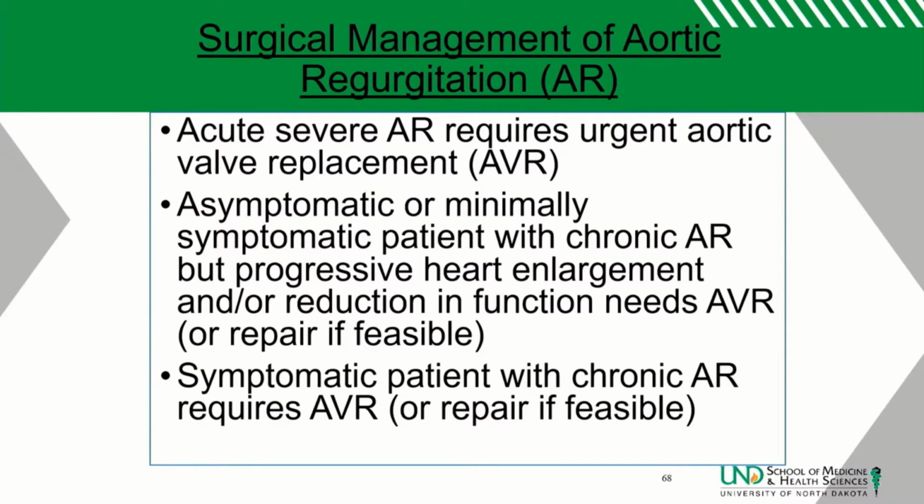Acute severe aortic regurgitation typically requires urgent aortic valve replacement. For asymptomatic or minimally symptomatic patients with chronic aortic regurgitation, we need to think about doing something if the heart continues to enlarge or its squeezing ability becomes reduced.